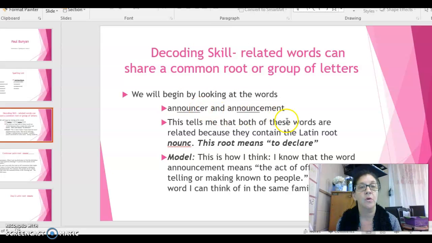Take a look at these two words right here, announcer and announcement, two of your spelling words. Is there anything that you see that's familiar or that they have in common? Take a close look. What did you say? You're absolutely right. I knew you were paying attention.